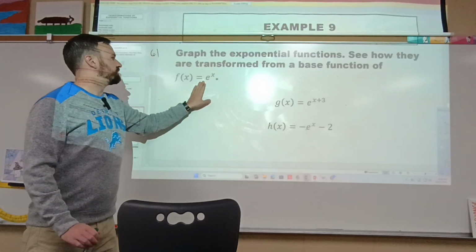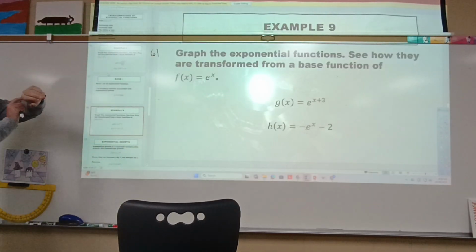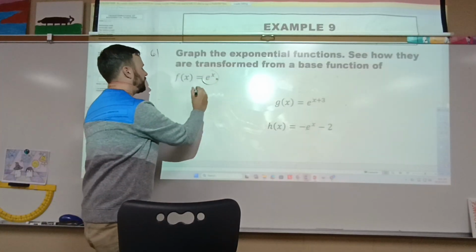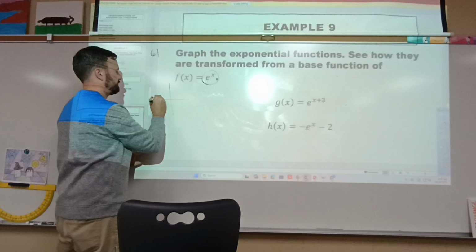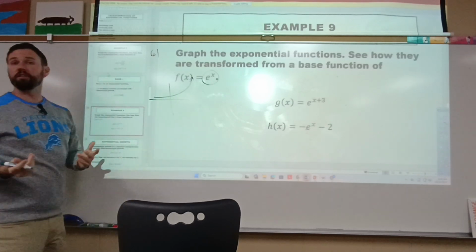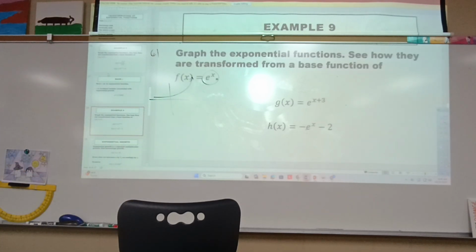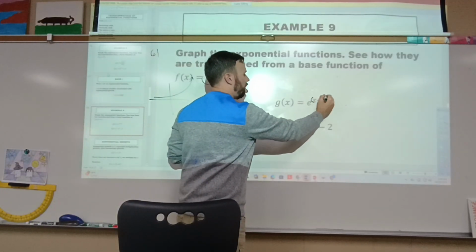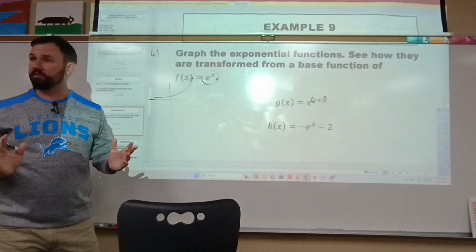Now the good news is, let's look at the graph of e to the x and see how it's changing. So our base function's e to the x. That looks like all the exponentials. If I do e to the x plus 3, only my x is being affected, right? That's left, right.